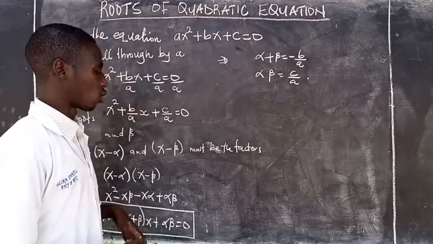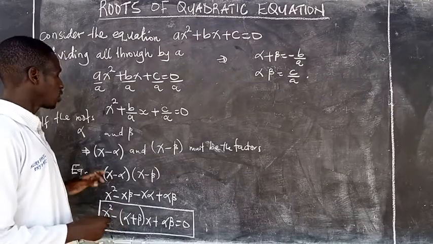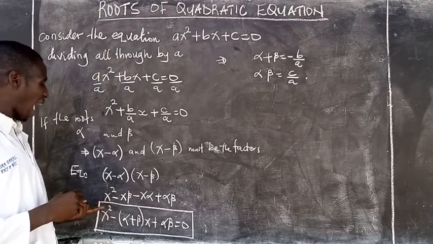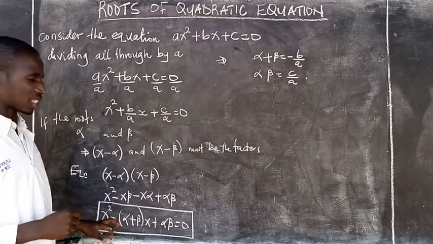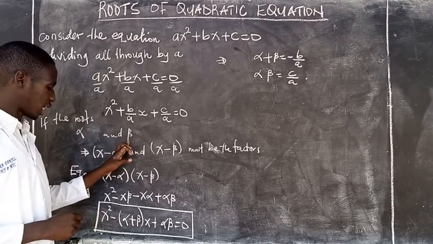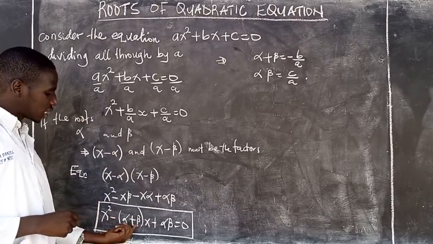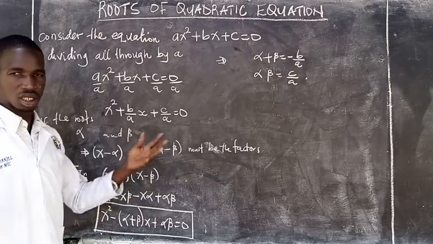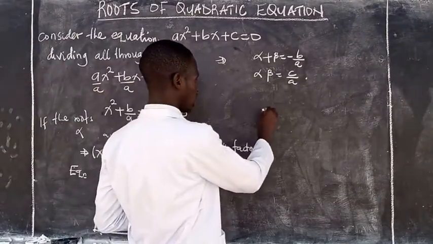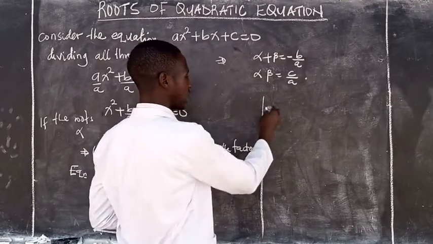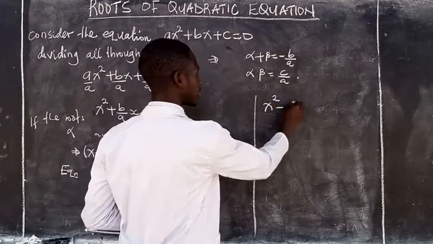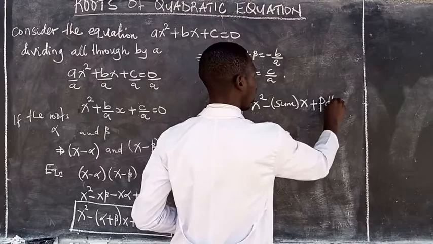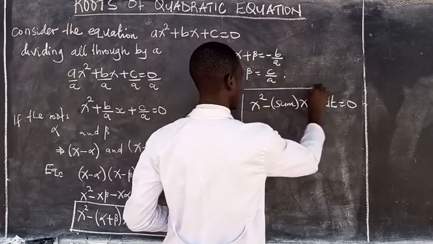If the roots are alpha and beta, we can also conclude that the equation can be written as x squared minus the sum of the roots times x, plus the product of the roots, equals 0. In general, the equation can be written as x squared minus sum of the roots x plus product of the roots equals 0.